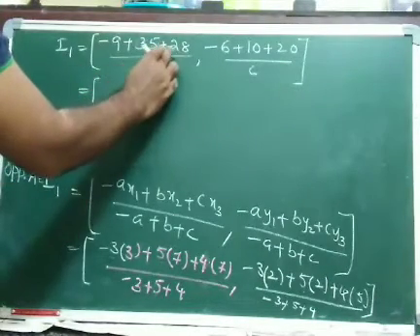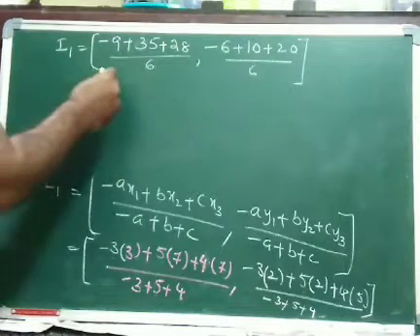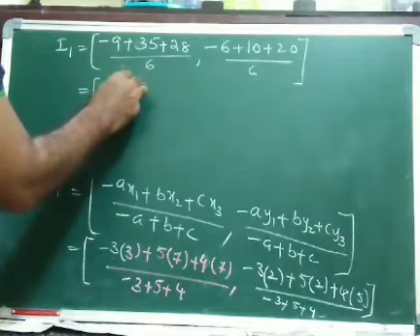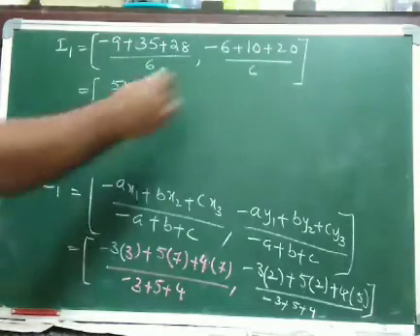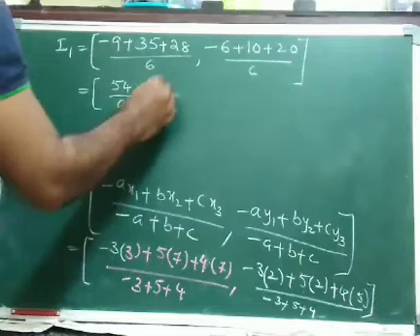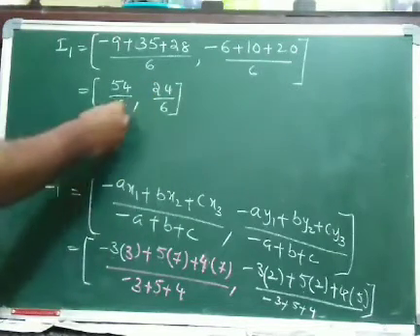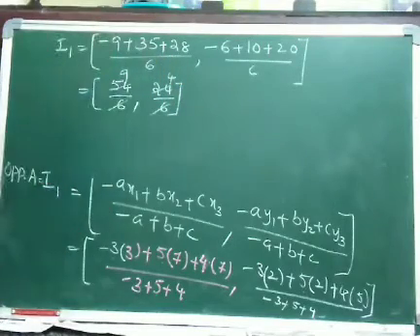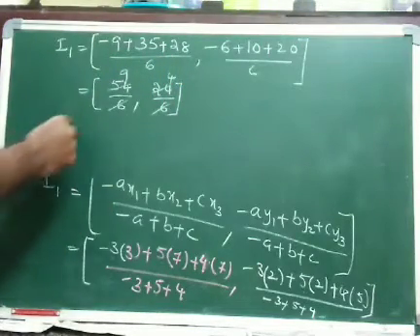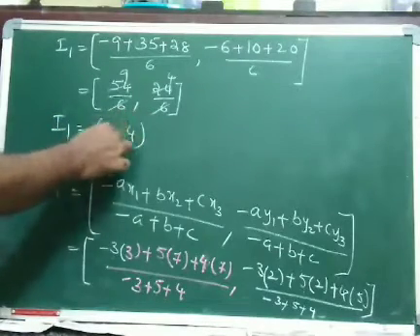So this is 50, 63 minus 9, 54 by 6 comma and 30 minus 6, 24 by 6. So here 6, 9 times and here 4 times. Therefore I1 is equal to 9 comma 4.